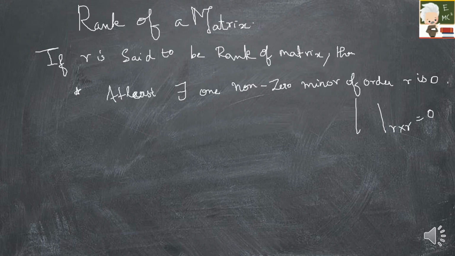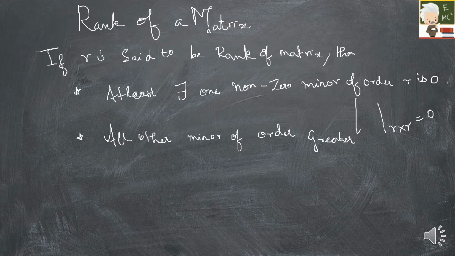And the next is, all other minors of order greater than r are 0.